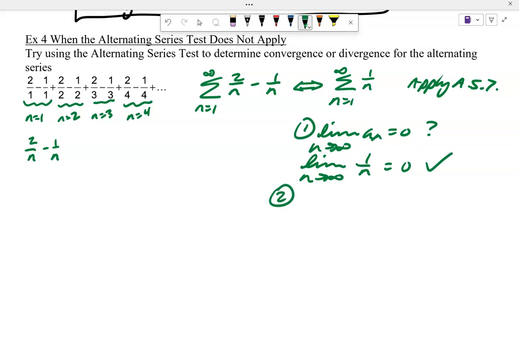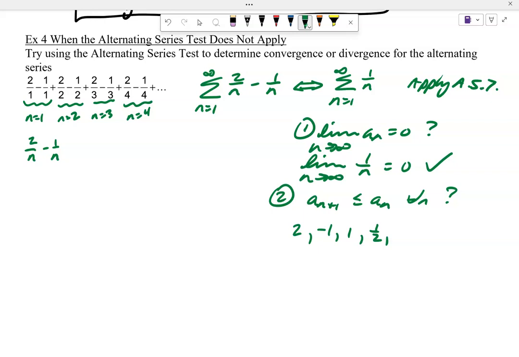How about number 2? Is this true for all n? Well, let's look at our terms for a minute. I got 2, and then I have negative 1 over 1, and I got 1, then I have a half, right? My terms that were listed.